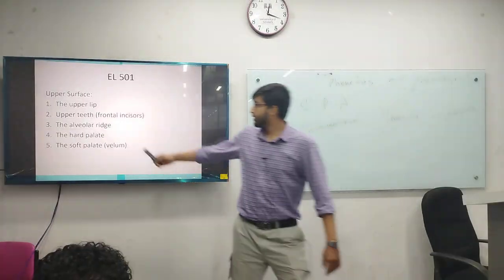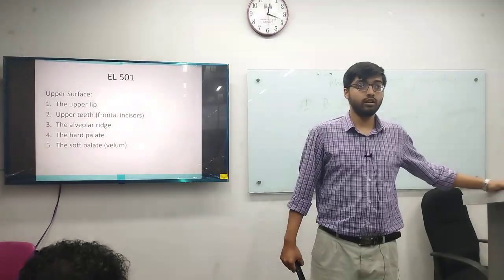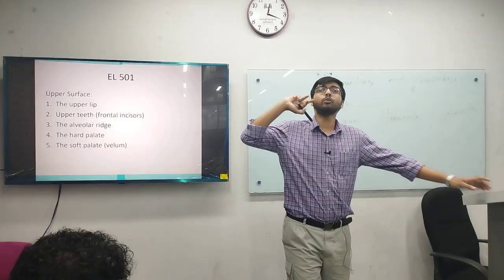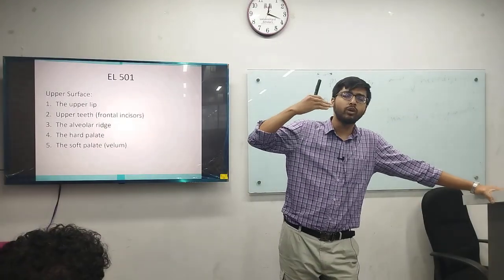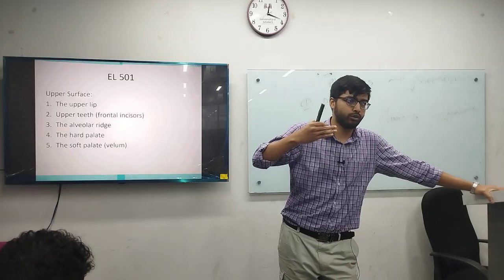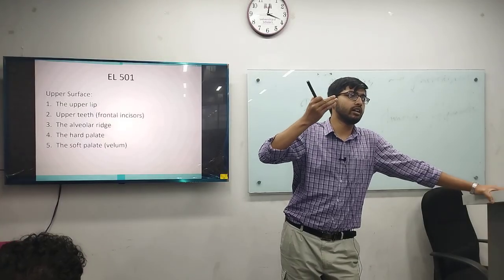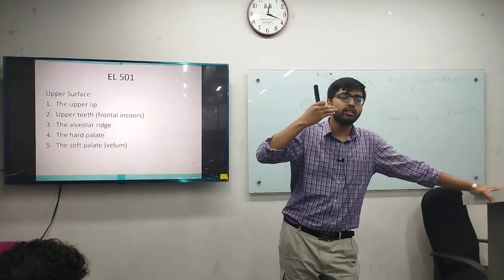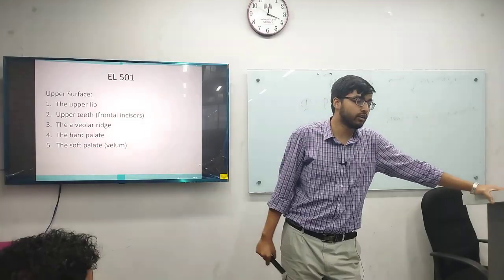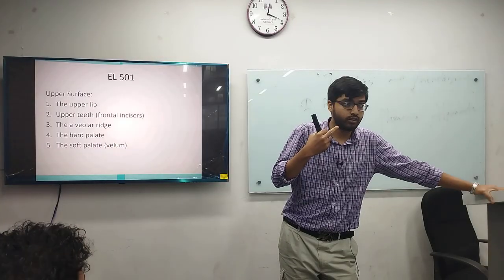Then the hard palate, and the soft palate or velum. Yes, there are two palates. You can feel it, it is built into your mouth. There is a palate which is hard. Towards the back, there's a palate which is very soft. Come on, feel it, everyone.